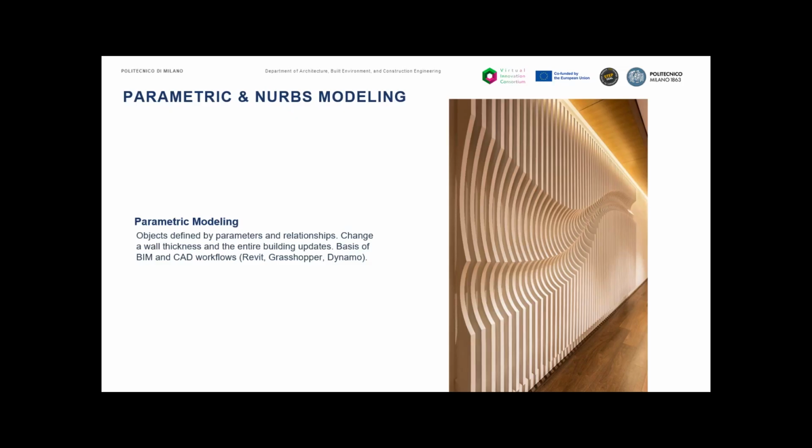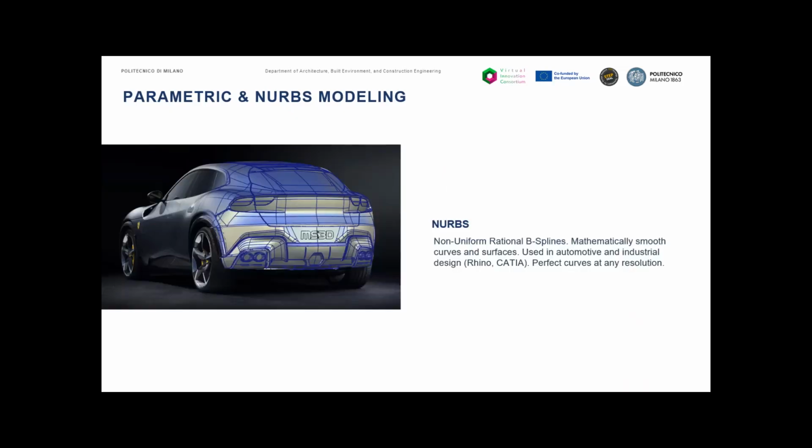Also, we have NURBS modeling, which stands for non-uniform rational B-splines, and they are mathematically described. They have exact, smooth curvature and surfaces. Here, the polygonal mesh approximates a curve through many small faces, while a NURBS surface is smooth at any resolution. You can keep zooming in and still have a very smooth result.